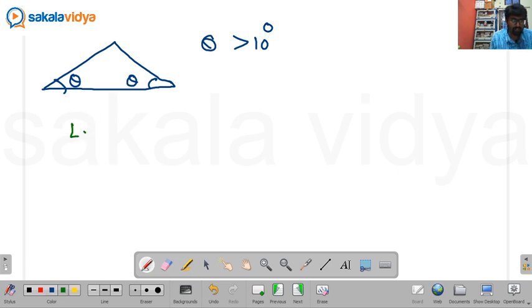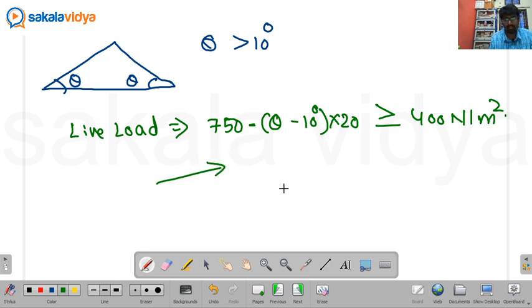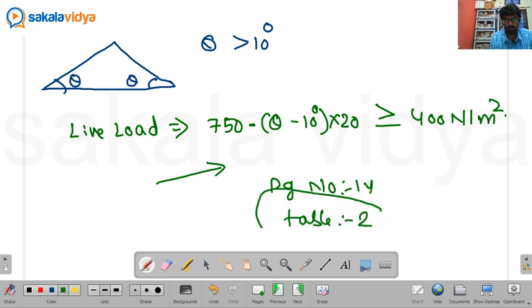Live load is nothing but 750 minus theta minus 10 degrees into 20, where it should be greater than or equal to 400 newton per meter square. This value or this formula we have obtained from page number 14, table number 2. If the value is less than 10 degrees, you have to again refer to this page number 14, table number 2.